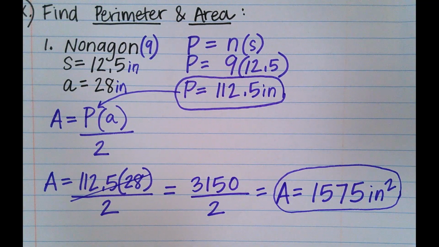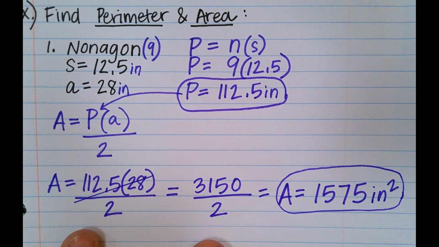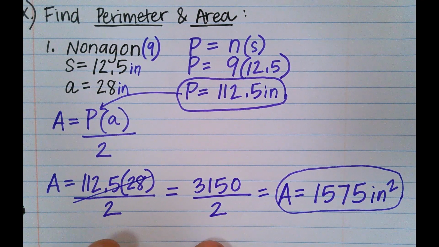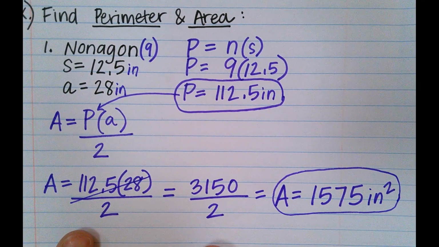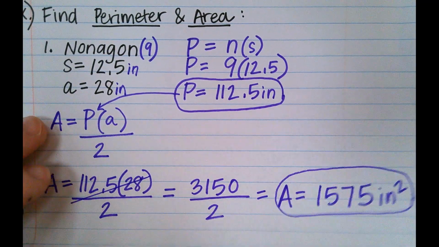So, does anybody still need to see this before I move to the next thing? Okay, I'm going to flip to the next page and let's try a few more examples. So, this is page 2.